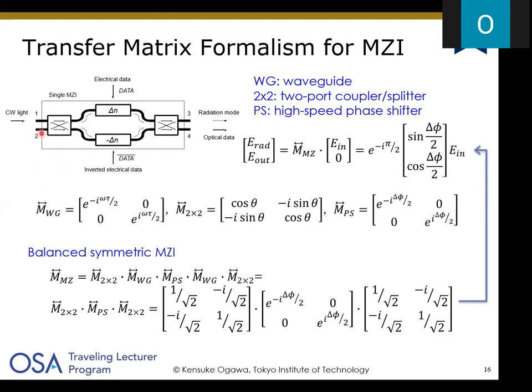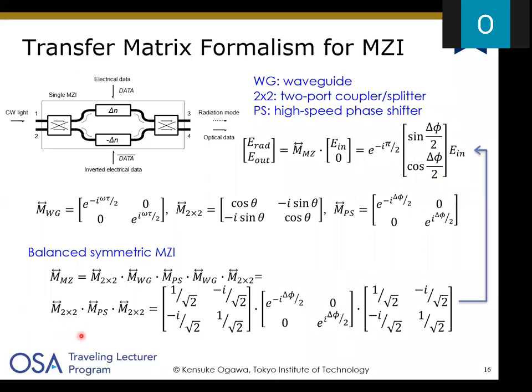If you assume a two-port interferometer, the input signal, output signal E_out and output radiation mode E_rad are represented in this simple scheme. And you can deal with the Mach-Zehnder interferometer by this sort of transfer matrix.